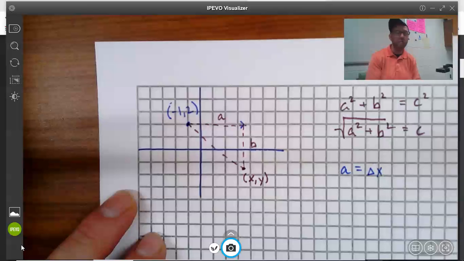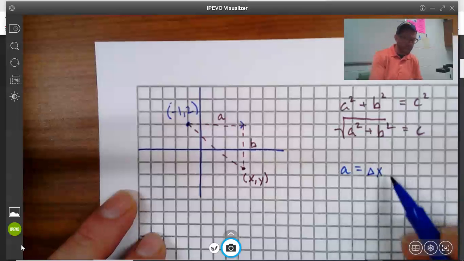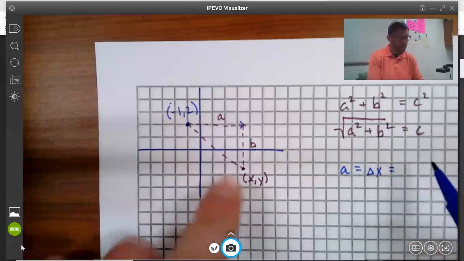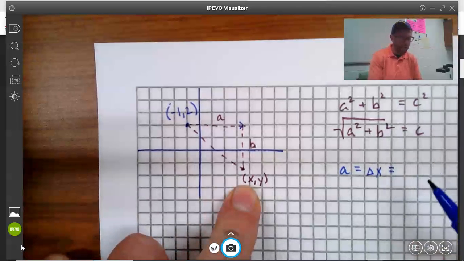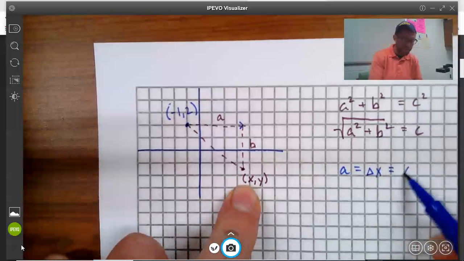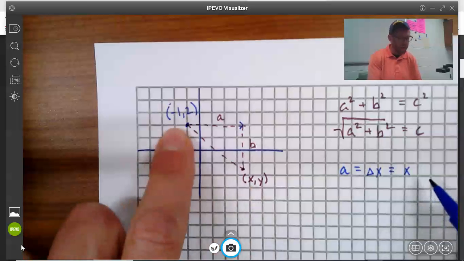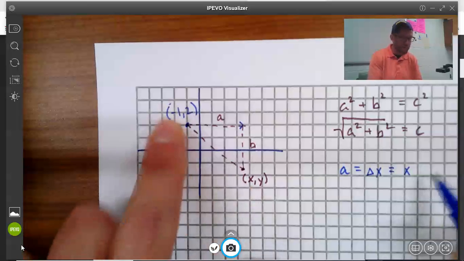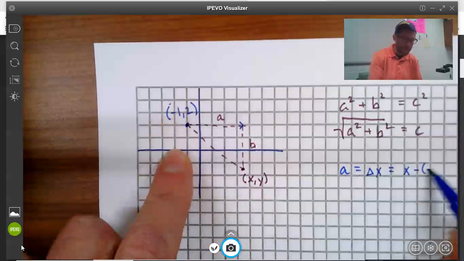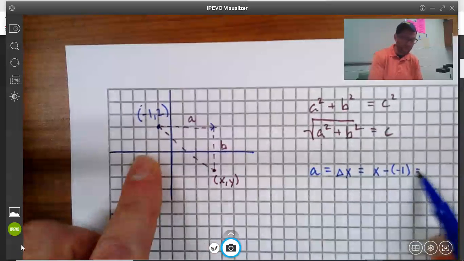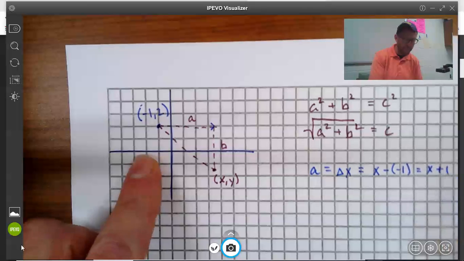So how far did we move to the right? We calculate that by taking our ending point, which is just going to be x, and subtracting our starting point, which is -1. x minus -1. And instead of minus -1, let's simplify that to make it x plus 1.